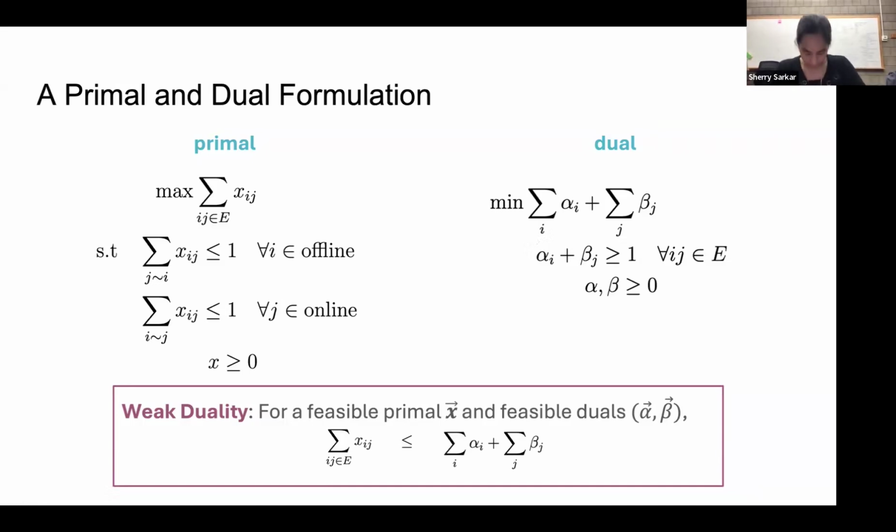So I'm kind of glossing over primals and duals, how these things are made, et cetera, but really just keep this weak duality property in mind if you haven't looked at linear programs yet. Weak duality just says that for a feasible primal X and a feasible dual alpha beta, the value of the dual upper bounds the value of the primal. That's all. And this is all we're going to use for our analysis.